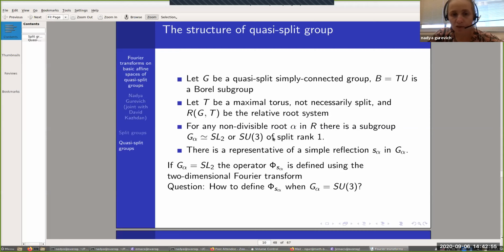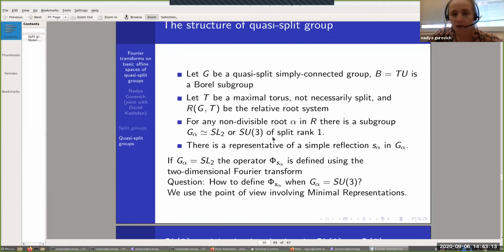But the question is, what happens when this group of rank 1 is the unitary group? How to define it? Here a new idea was needed, and to define it, we use the point of view involving minimal representations.